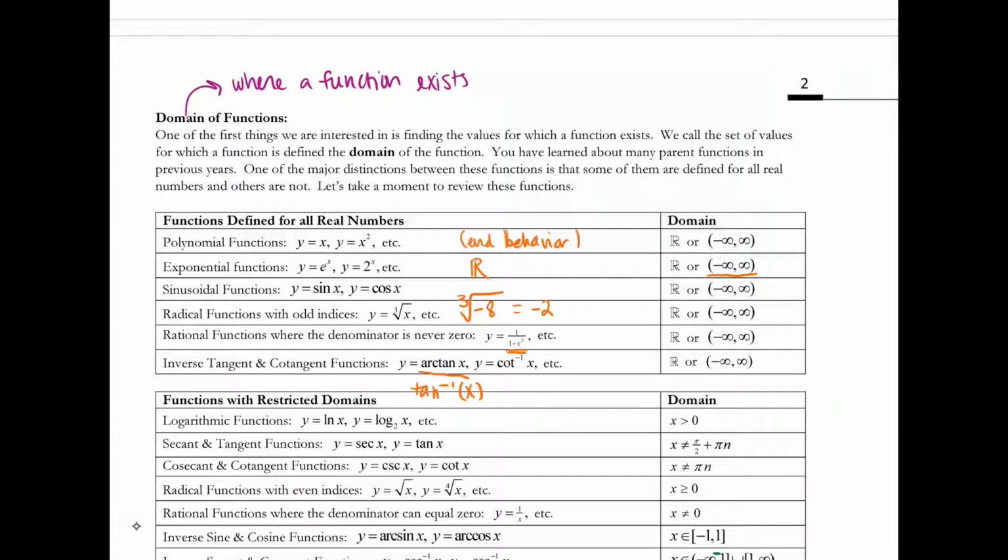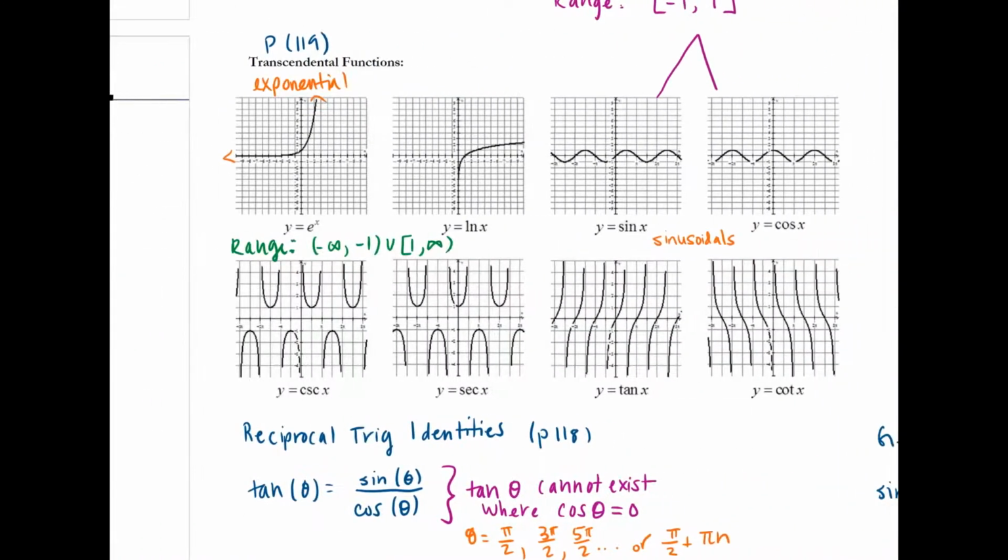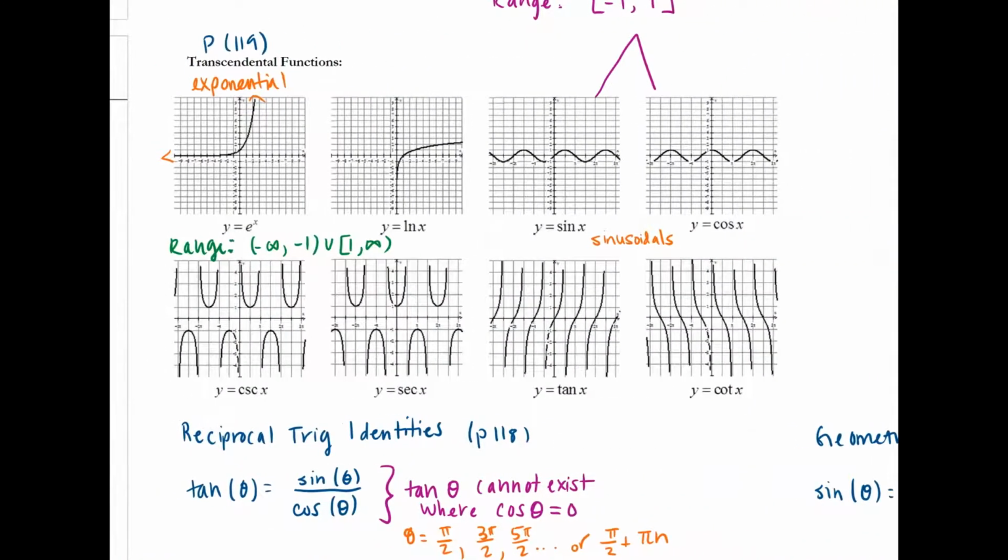And what I would say for the inverse functions is to just think of it this way. The inverse tangent and cotangent functions will have the same domain restrictions as the range of the tangent and cotangent functions. So again, all of these graphs are on page 119 of your spiral if you need to look at them.